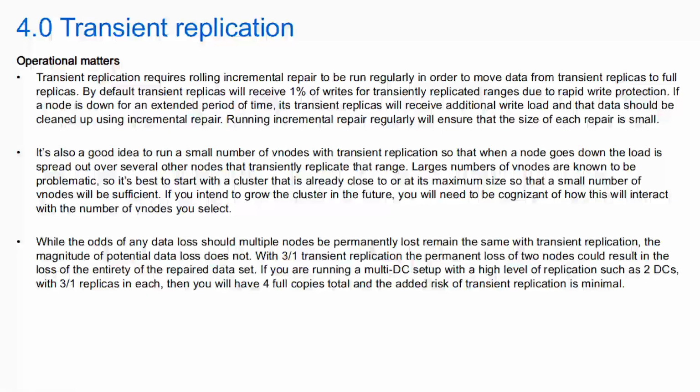The other thing is there are some operational aspects that you need to keep in mind. One of the key aspects is that it's a good idea to run a small number of vnodes with transient replication, so that when a node goes down, the load is spread out to several other nodes that transiently replicate that range.